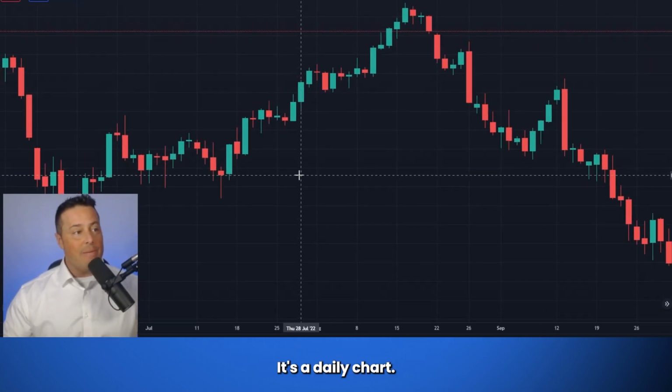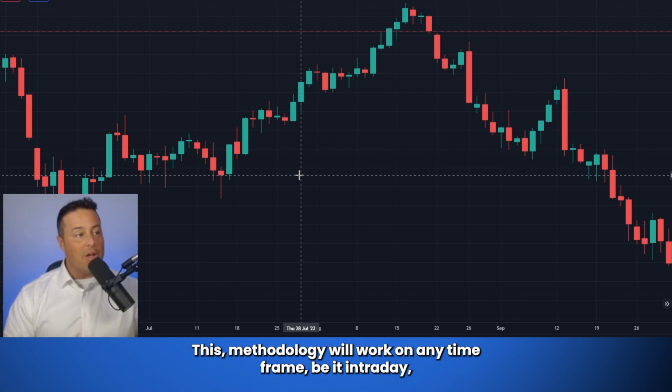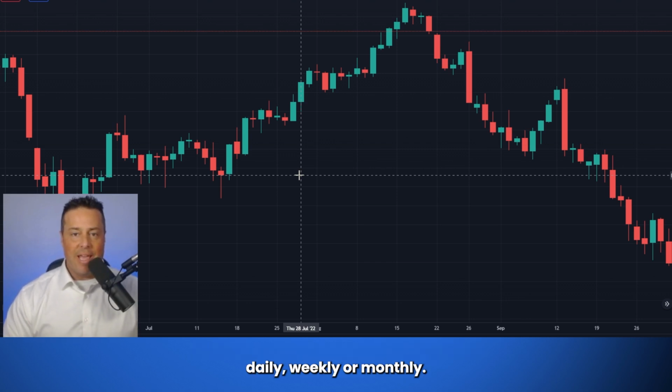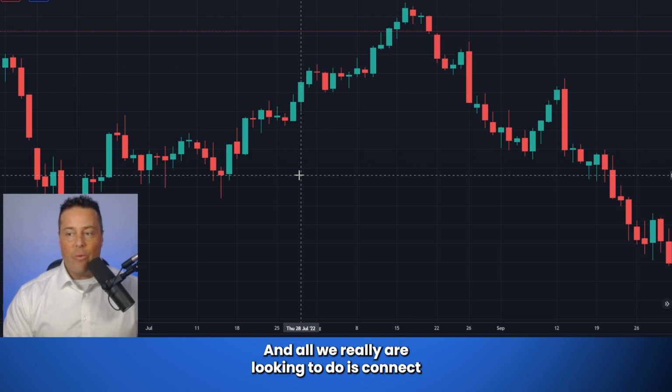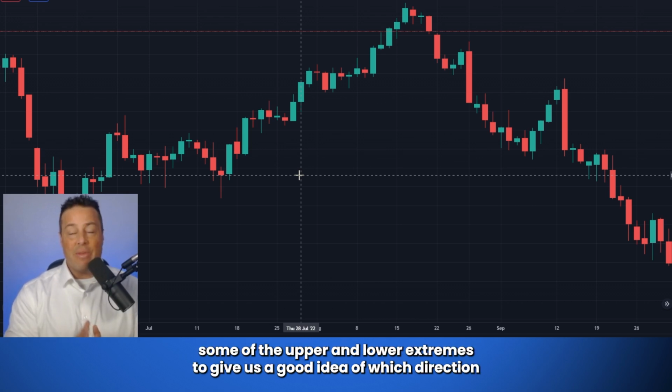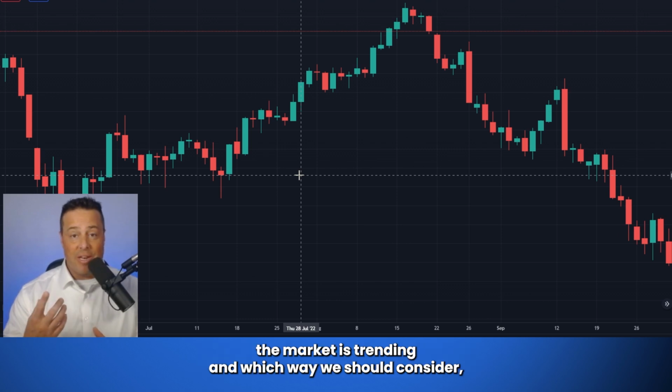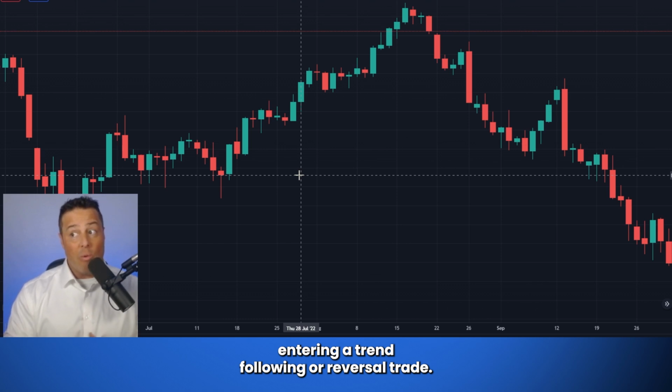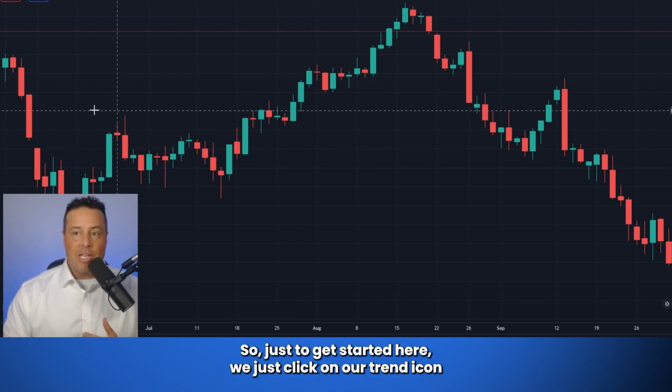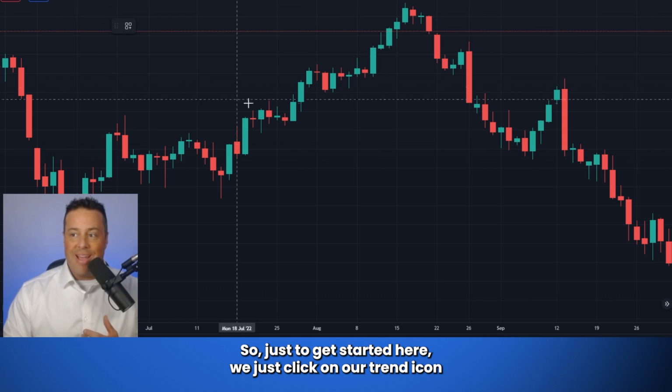It's a daily chart. This methodology will work on any time frame, be it intraday, daily, weekly, or monthly. All we really are looking to do is connect some of the upper and lower extremes to give us a good idea of which direction the market is trending and which way we should consider entering a trend following or reversal trade.